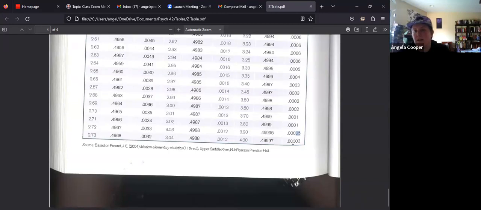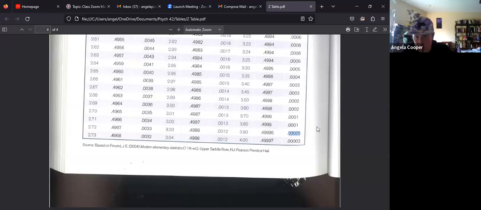The difference between the C columns, which is where we look to find our p-value, for 3.9 and 4.0 is negligible. You see it's dinky either way. So I'm just going to go with 3.90. So that gives me a point.